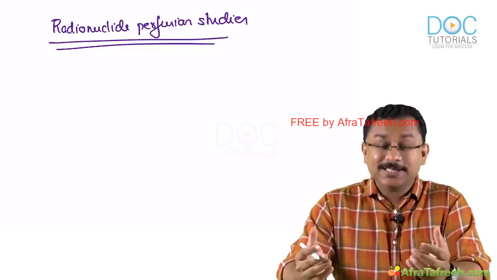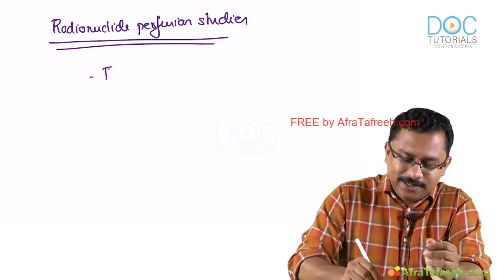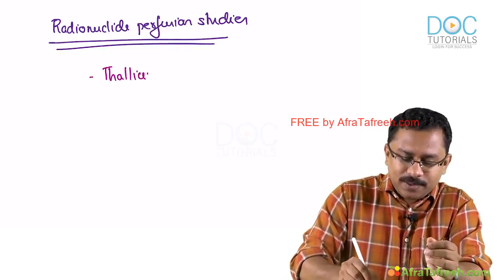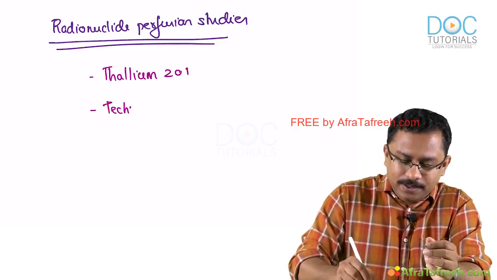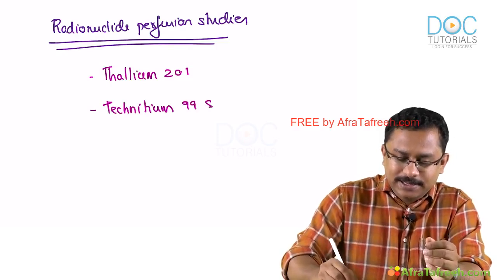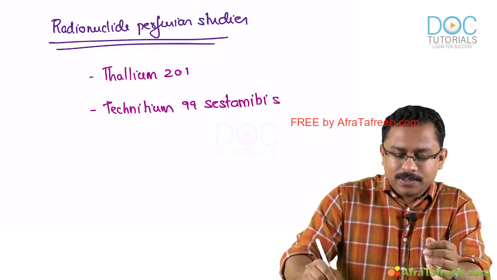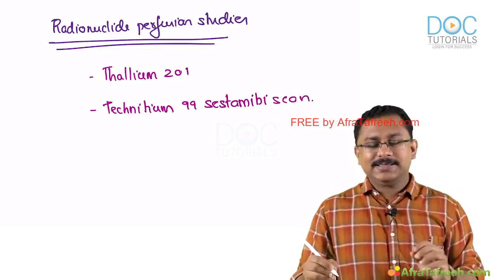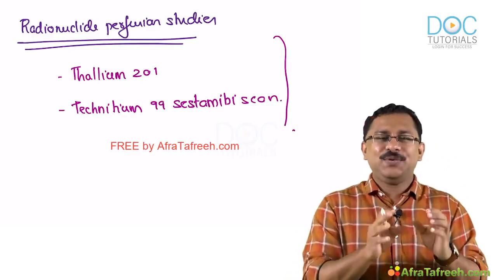For these, you can use radionuclides like thallium 201 or technetium 99 sestamibi scan. So these are the radionuclide perfusion studies.